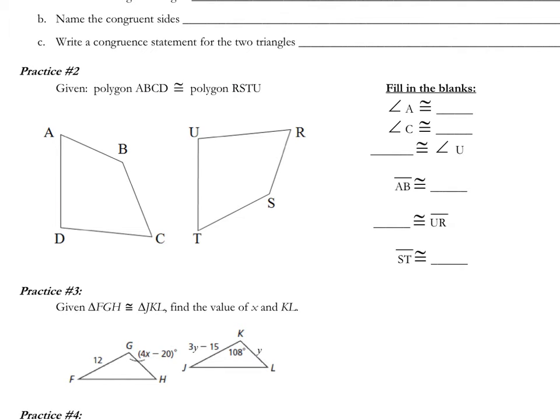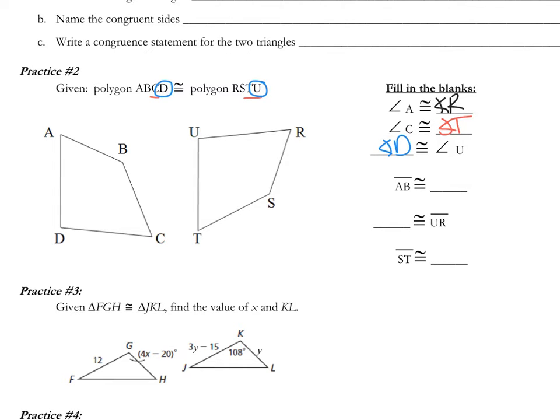If I want angle A, then I want angle R. It's in the same location. If I want angle C, I go to the third location, and that's going to be angle T. Then we have angle U, so that's going to be angle D.